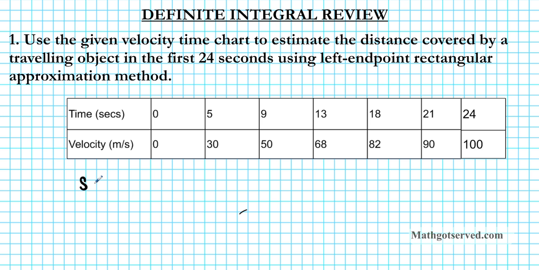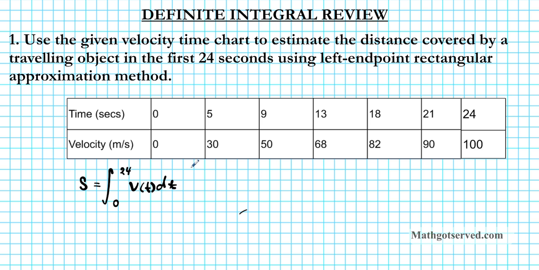That distance is given by the definite integral of the velocity function dt, from 0 to 24. This expression gives you the exact distance covered in the first 24 seconds.